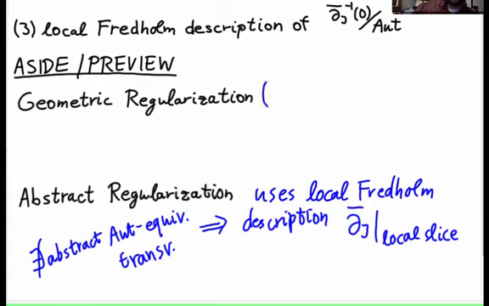And the geometric regularizations, of which variant J is one. There are others that I would call geometric. On some level, this could be the definition of geometric regularizations, that it manages to use the global Fredholm description.